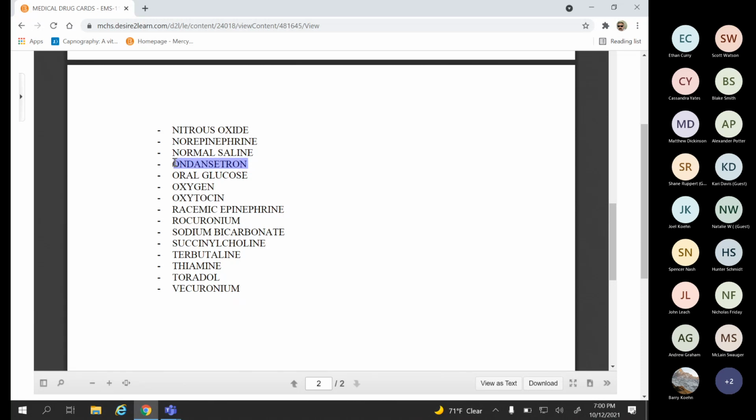Toradol, what do we use it for? Some services are actually making a comeback carrying Toradol, but it's mainly carried in hospitals. What is it? Pain relief. Okay, what type? Used in the hospital for migraines.